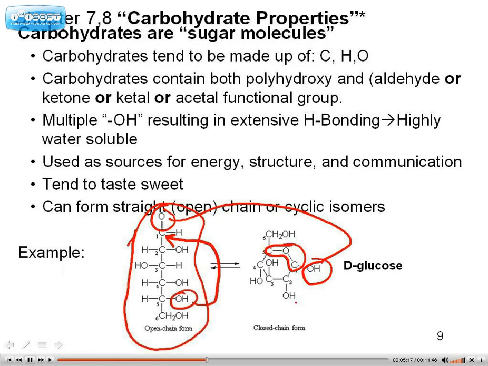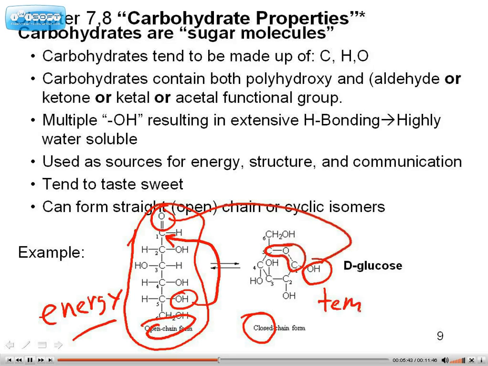Now, nature does this because there are times when it wants to use the sugar for energy, and there are times when it wants to simply store it, or at least store it temporarily. The open chain form is the form that is broken down for energy. The closed chain form is the form that is used as a temporary storage form.